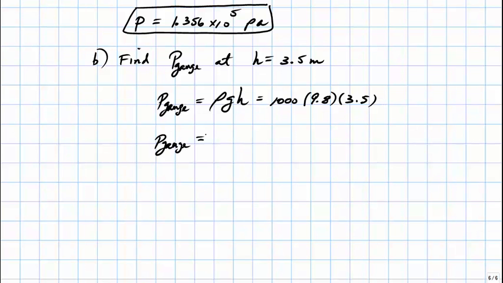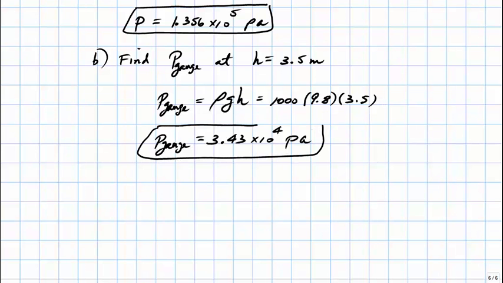And the result equals 3.43 times 10 to the 4th pascals. And so if we carried a pressure gauge within a swimming pool and we dove to a depth of 3.5 meters, that pressure gauge would read the gauge pressure, which is 3.43 times 10 to the 4th, as opposed to the absolute pressure.